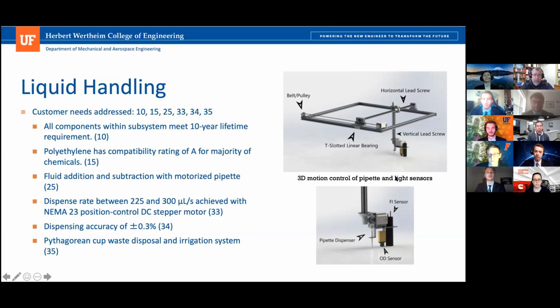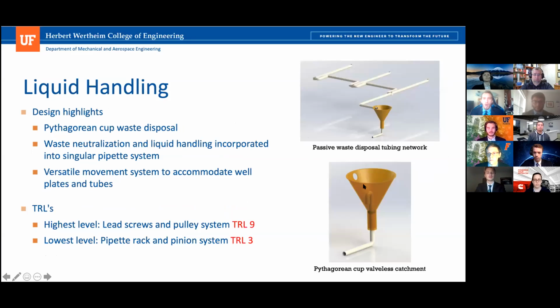And we take advantage of passive liquid waste disposal with our Pythagorean cup and our irrigation system, which I'll talk a little bit about right now. This was an idea that Trom clued us into and told us to check out.